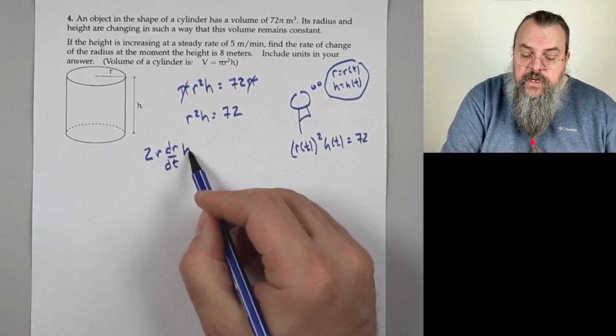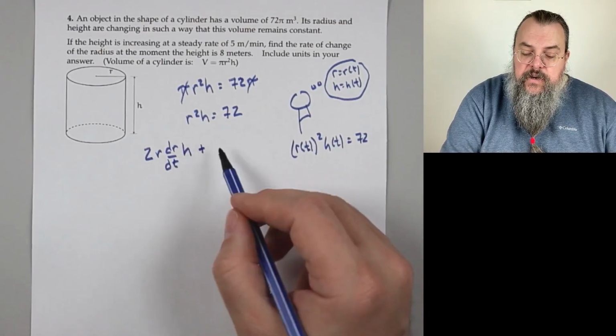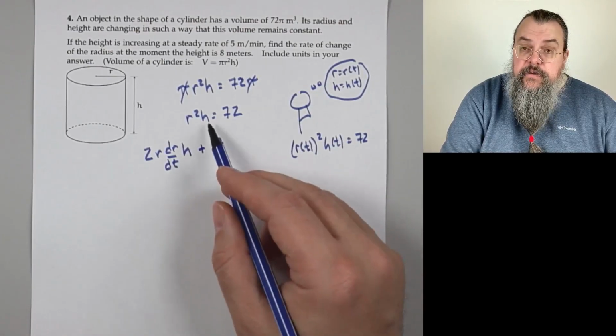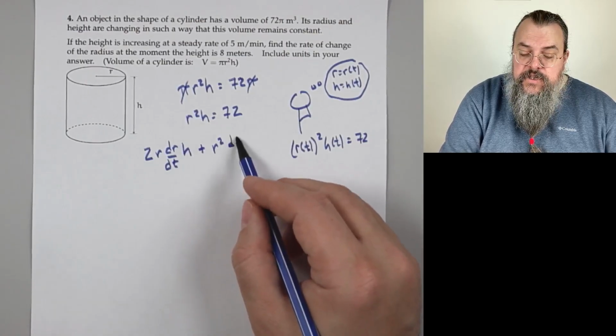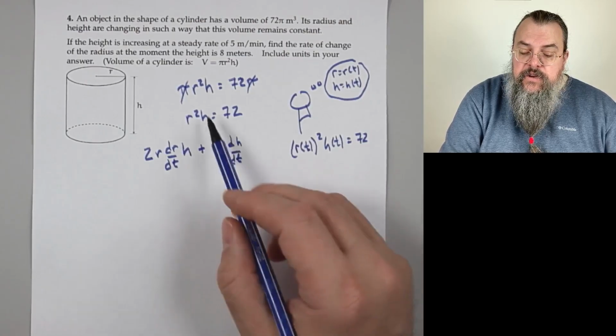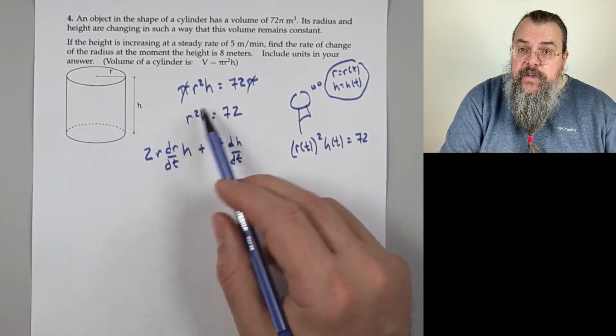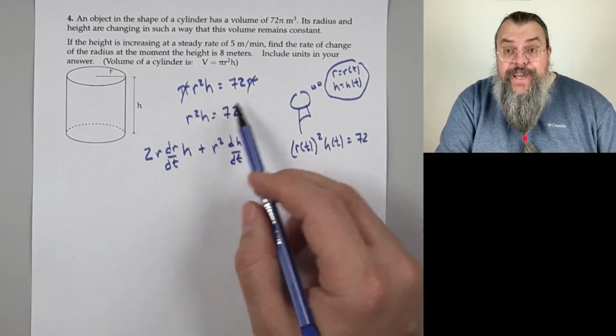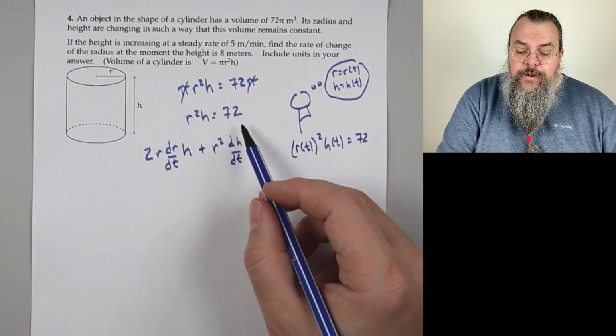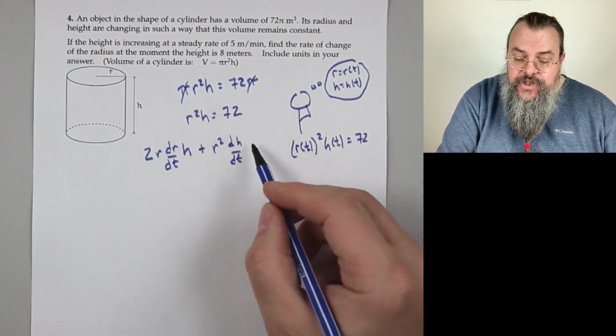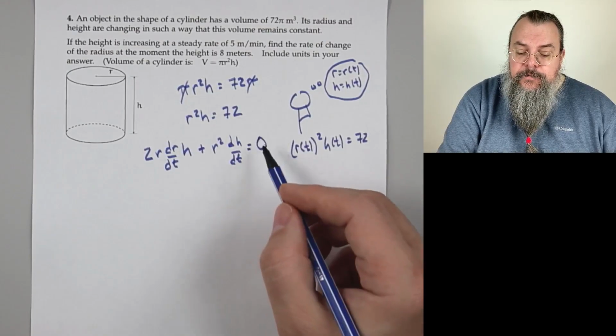So the derivative of the first times the second, plus r squared times the derivative of h, which is dh dt. That's the derivative of the left-hand side with respect to t. It has to equal the derivative of the right-hand side with respect to t. Well, 72 isn't changing, so it's 0.